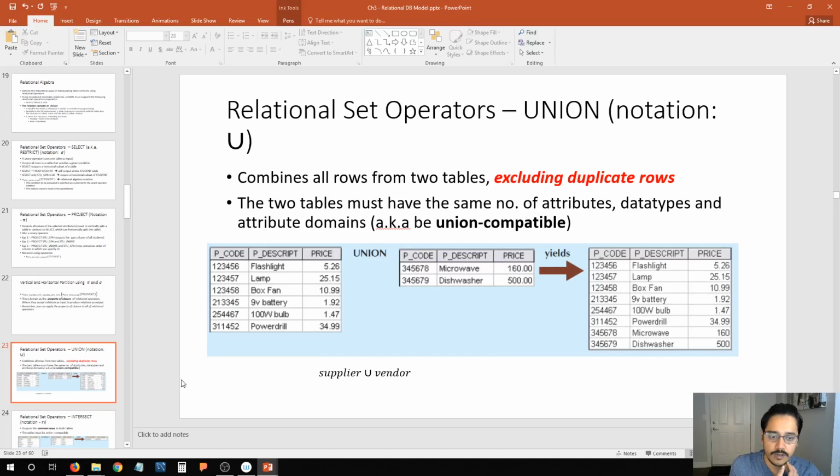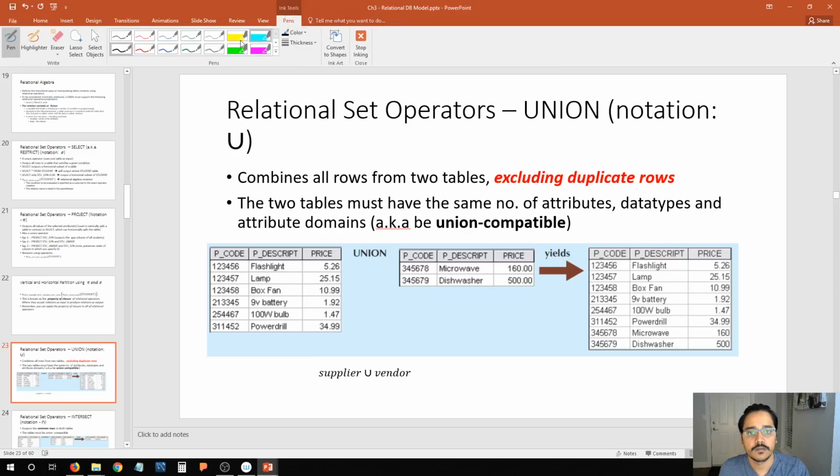So here, let's say we have two tables. We have one table, the supplier, which has a set of product descriptions, the product code, and then the product price. And then you have another table, vendor, which consists of similar attributes with similar data types and similar attribute domain, which has the same set of codes.